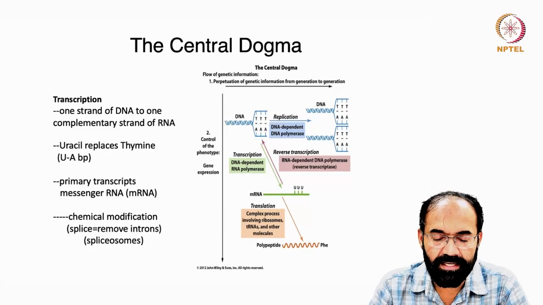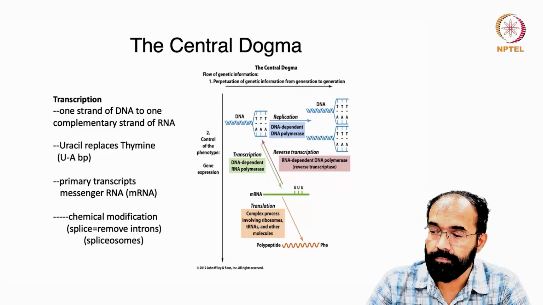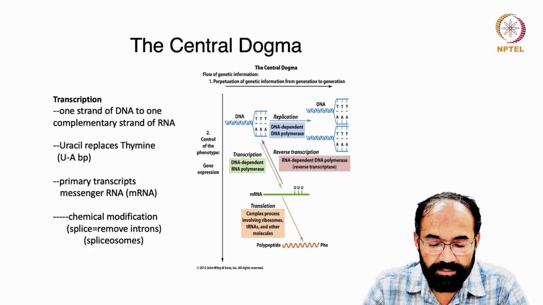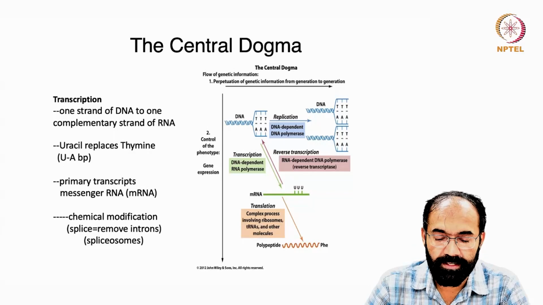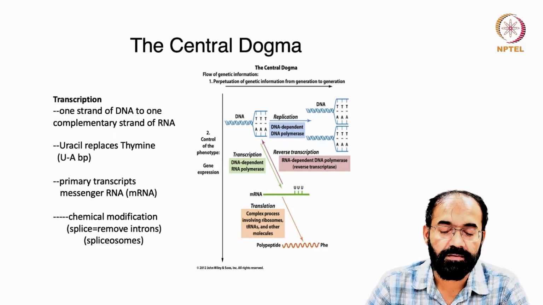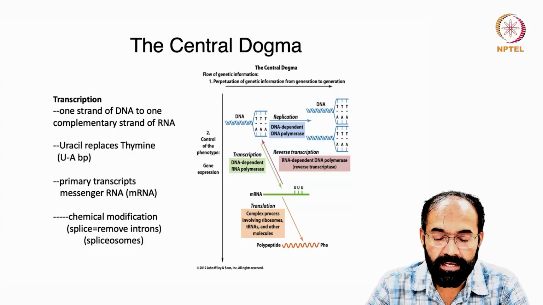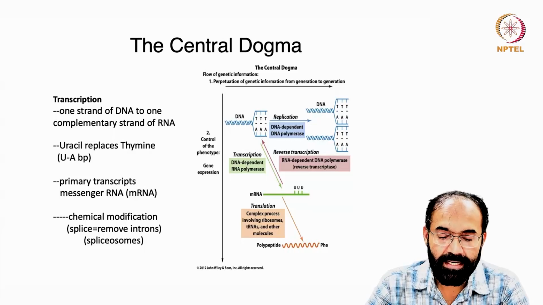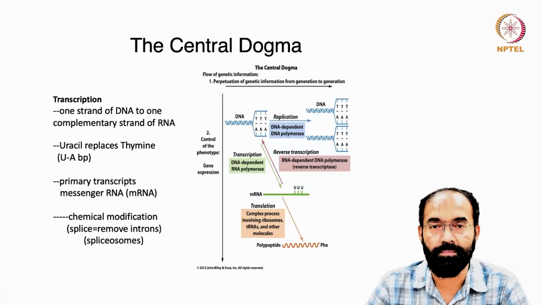And that is what you are seeing here in this right hand side panel. You can say that this DNA, when it is opened up, is capable of making a copy of itself through a process called DNA replication. For that, it uses an enzyme, DNA dependent DNA polymerase.